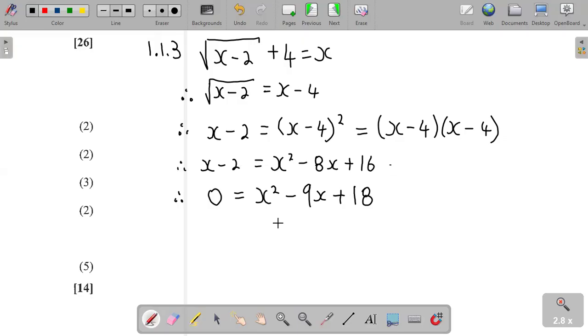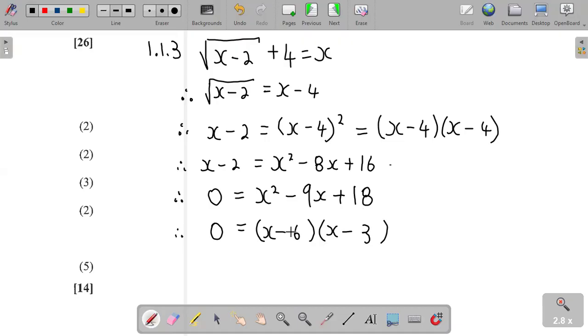Okay? So then we have to factorize. So we say 0 equals to, and then what are the factors here? It's x and x. And then it's going to be negative 6, negative 3.